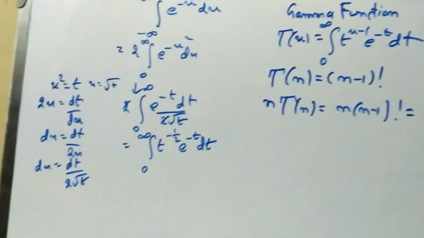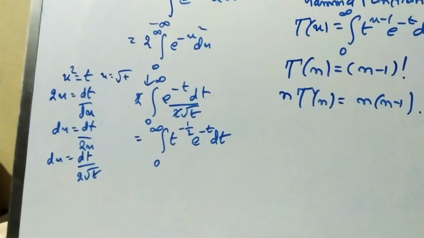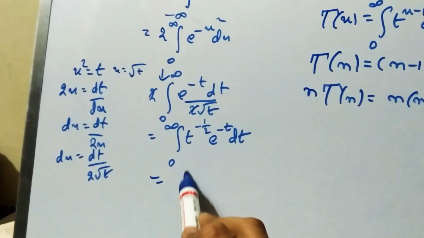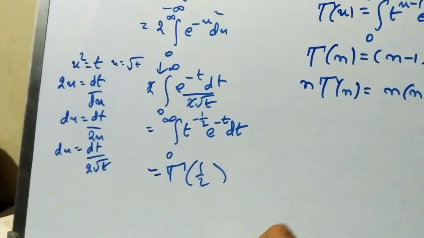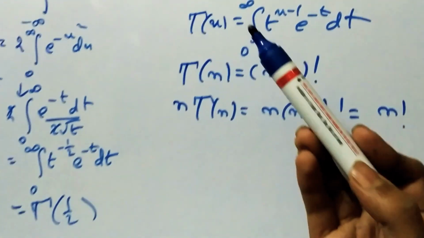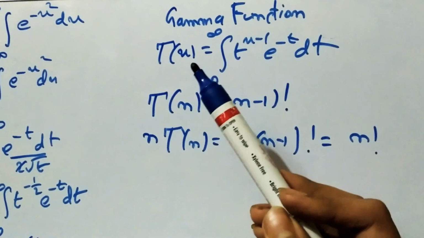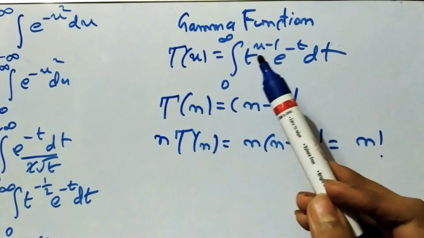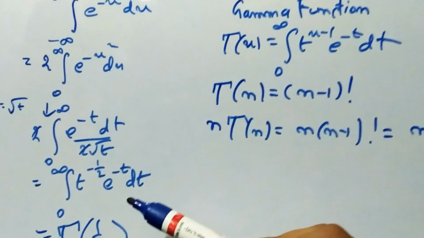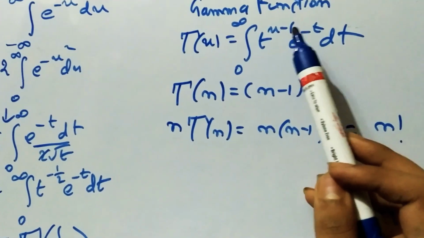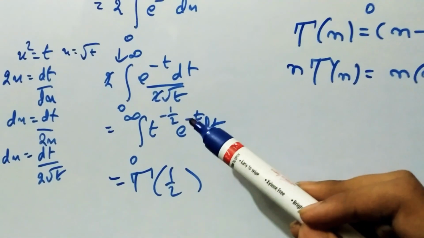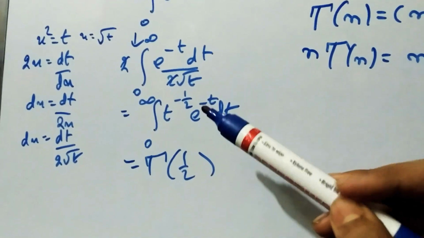Now if you look very carefully, isn't it looking somewhat like this? If we replace x with half, this particular integral turns into half minus 1, which is minus half, and e to the power of minus t dt, which is exactly this particular integral.